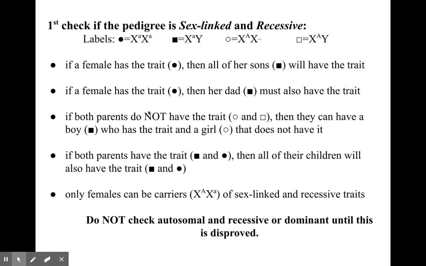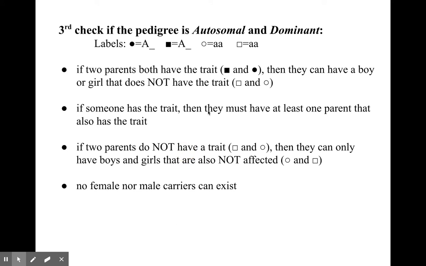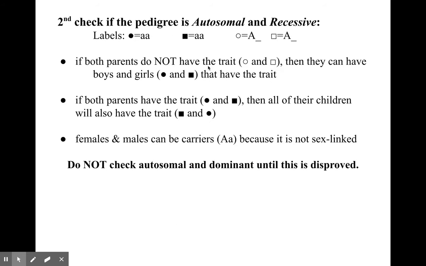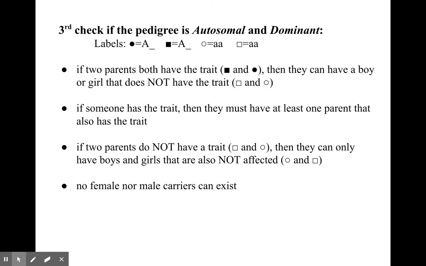If any of these are wrong, then you can just skip this one and check for the next one, right? Autosomal recessive. And then you check these. And if these are all true, then you go ahead and fill out your pedigree in pencil, and usually you're right. And if any of these are not true, then you don't even have to fill it out, and you just move on to the next one.